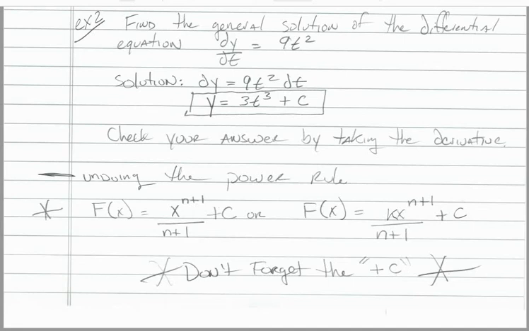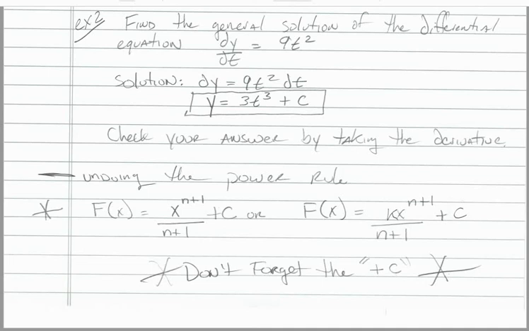If you notice down at the bottom, I have capital F of x equals x to the n plus 1 over n plus 1 plus c, or if there's a constant in front, I've written it on the right hand side where k represents a constant, so if it's a 2 or a 3. To undo the power rule, we not only add 1 to the exponent, we have to divide by that new value so that it works out when we take the derivative.